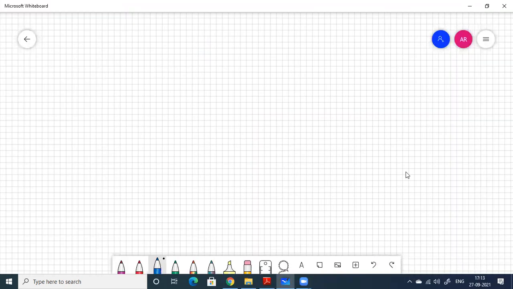The line segment is (-2, 1) and (4, 8). Now this is A and this is B. Find the points of trisection.